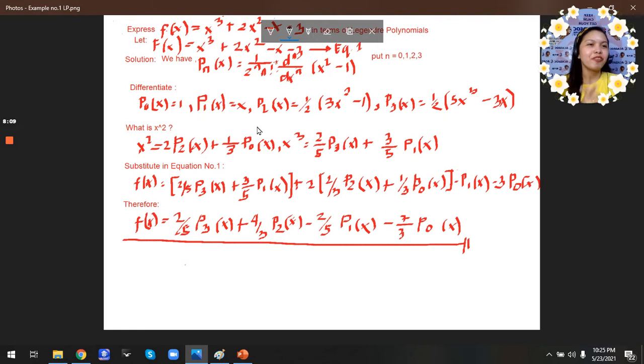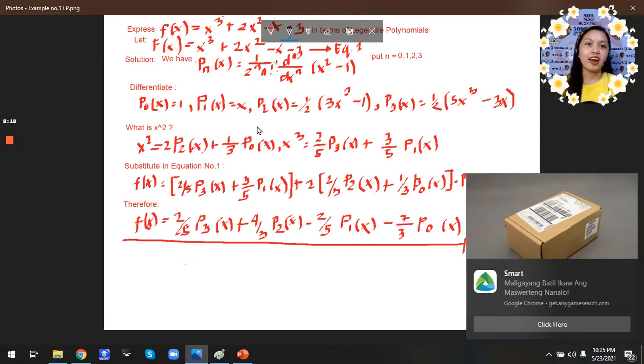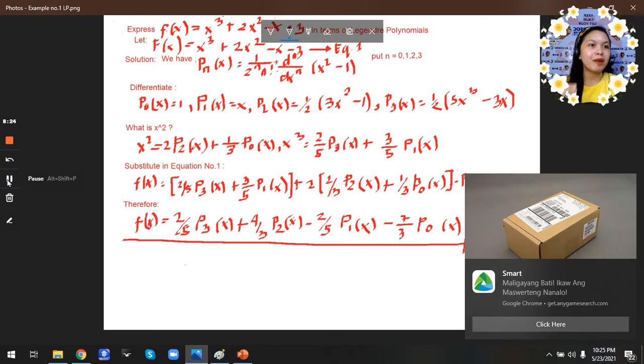Okay, that is problem number 1, and of course the solution, that is expressing it in terms of Legendre polynomials. Okay, so let's proceed to question number 2.